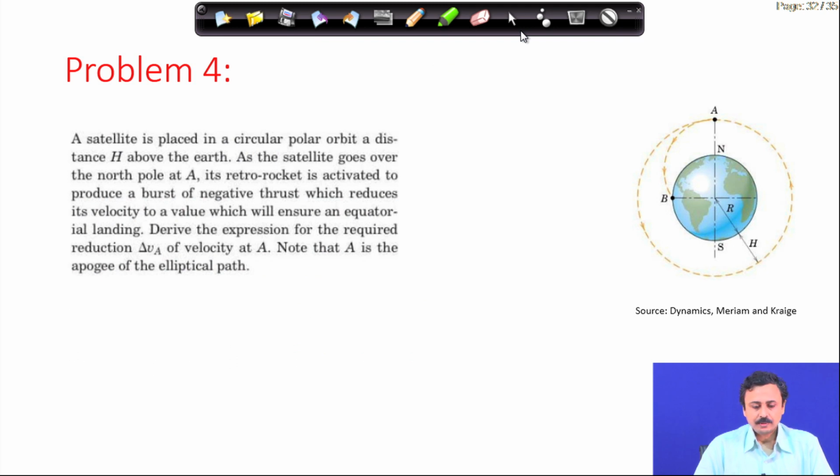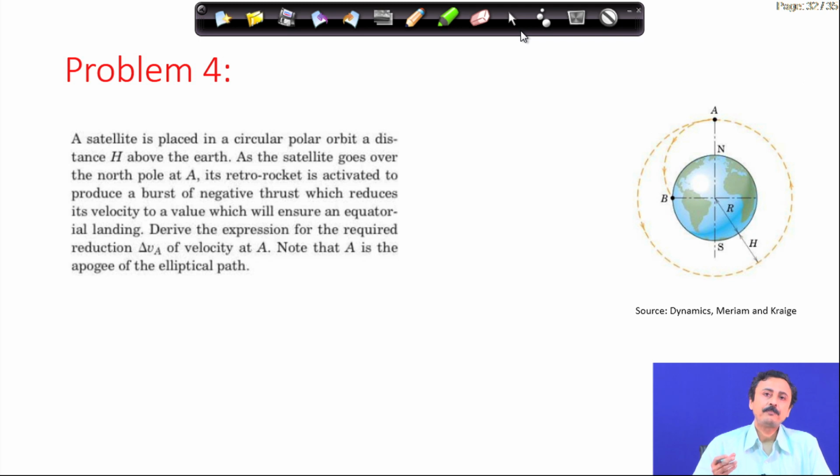Okay. Let us look at this problem now, again from the book of Meriam and Craig. A satellite is placed in a circular polar orbit a distance h above the earth. As the satellite goes over the north pole at A, as shown in the figure, its retro rocket, a rocket which fires in a direction opposite to the direction of motion, is activated.